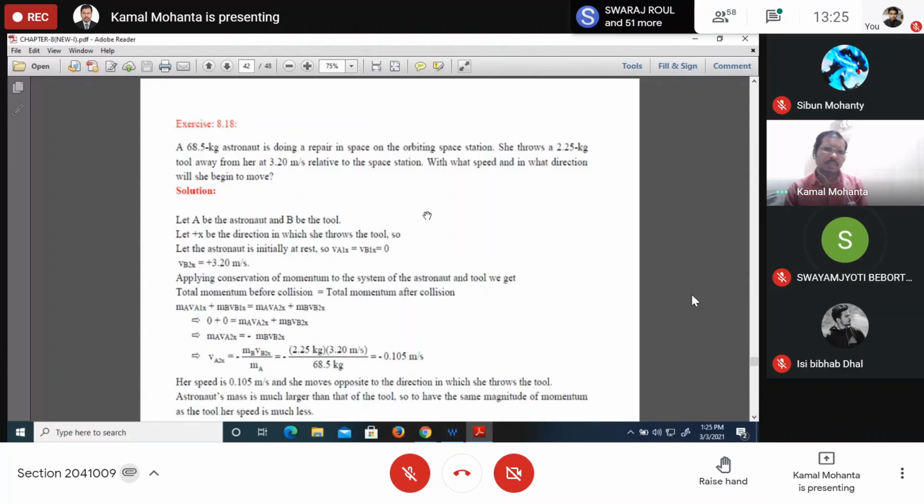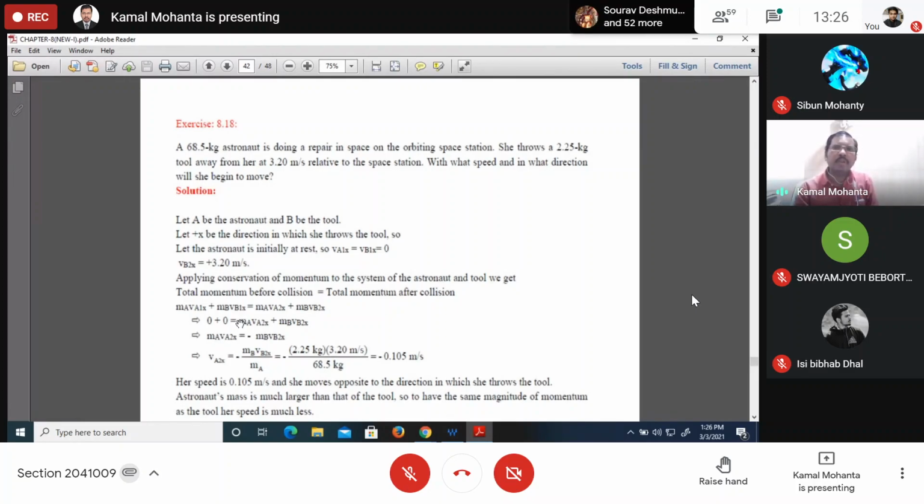Yes, sir. So here the total momentum before the collision is equal to the total momentum after the collision. So M_A V_A1x plus M_B V_B1x is equal to M_A V_A2x plus M_B V_B2x. Momentum gets conserved in a completely inelastic collision, yes. Now you put the values. Because V_A1x and V_B1x are 0, we get 0 equals M_A V_A2x plus M_B V_B2x.